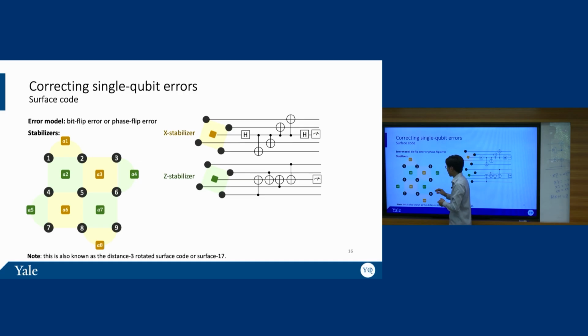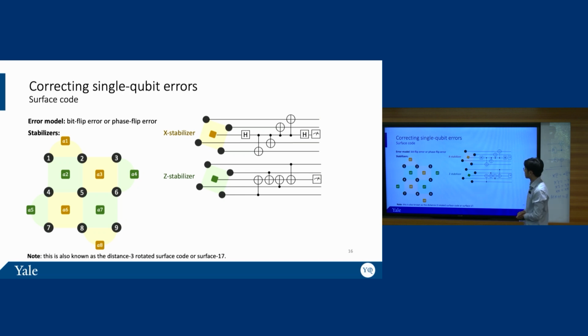They follow this nice geometric layout in a 2D grid checkerboard fashion. You have these yellow checks that are the X stabilizers. In the case of this face of the grid, it's acting on qubits 2, 3, 5, 6. So it's doing the X checks on 2, 3, 5, 6. So it's X2, X3, X5, X6. That's the stabilizer.